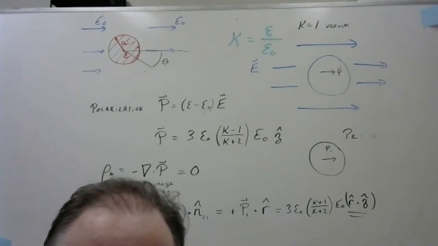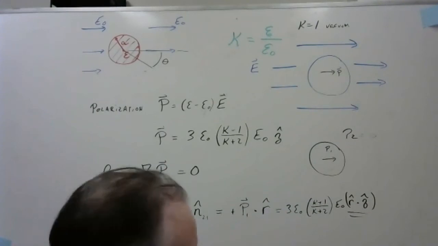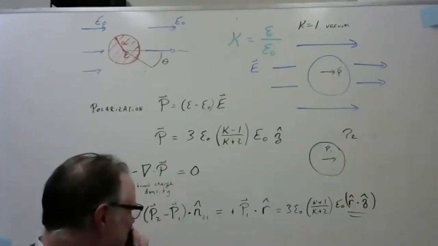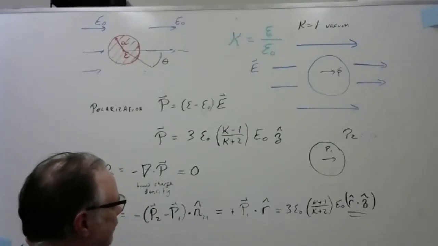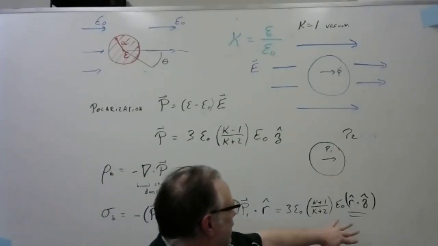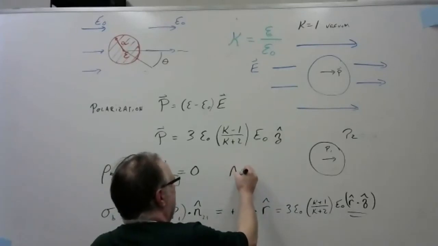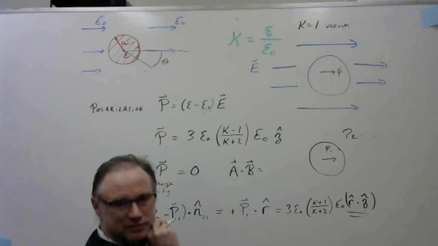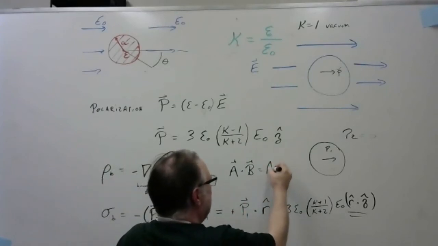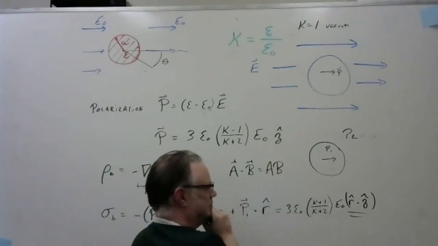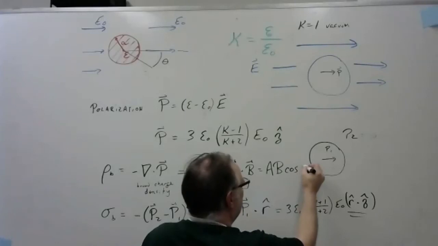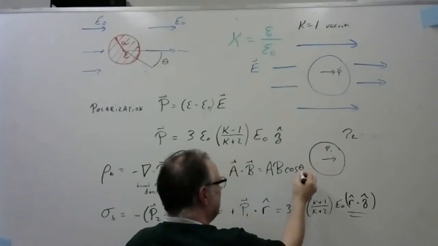Somebody should remember. If I have a dot product of two things, A dot B, going all the way back, is equal to A B times what? The cosine of the angle between them. Good. Where theta is the angle between A and B.